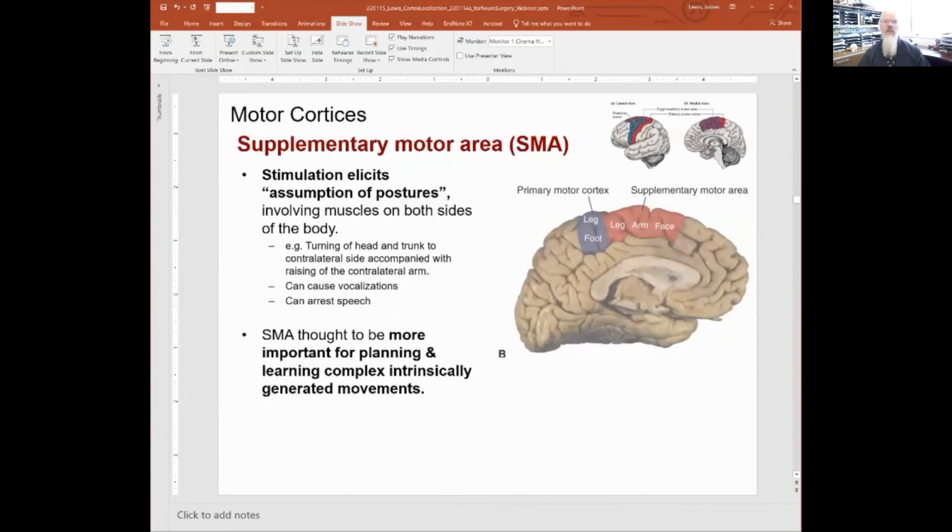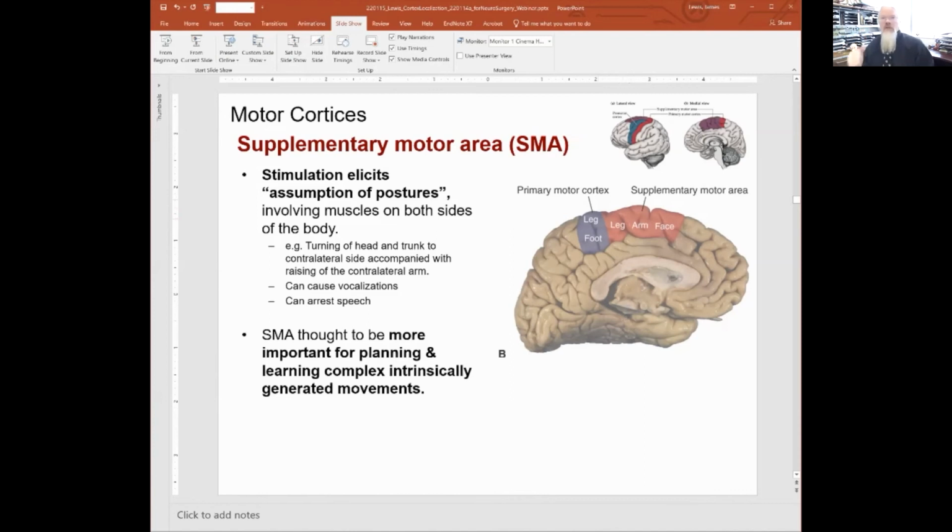The third area, the supplementary motor area, SMA, is mostly in the purplish color here and on the mesial surface. Here's our paracentral lobule, for instance. Stimulation in these regions, in the red, sorry, up in here, is going to cause assumption of posture.